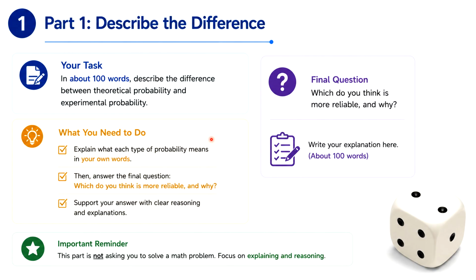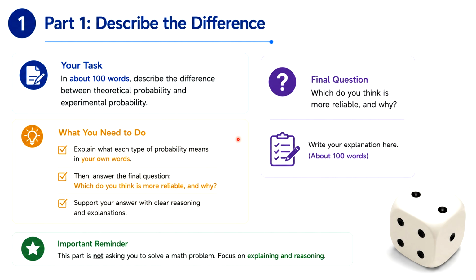It's not asking you to solve a math problem yet. Explain what each type of probability means in your own words, and then answer the final question: which do you think is more reliable and why? Be sure to explain your reasoning. Don't simply state your opinion. Support it with an explanation.